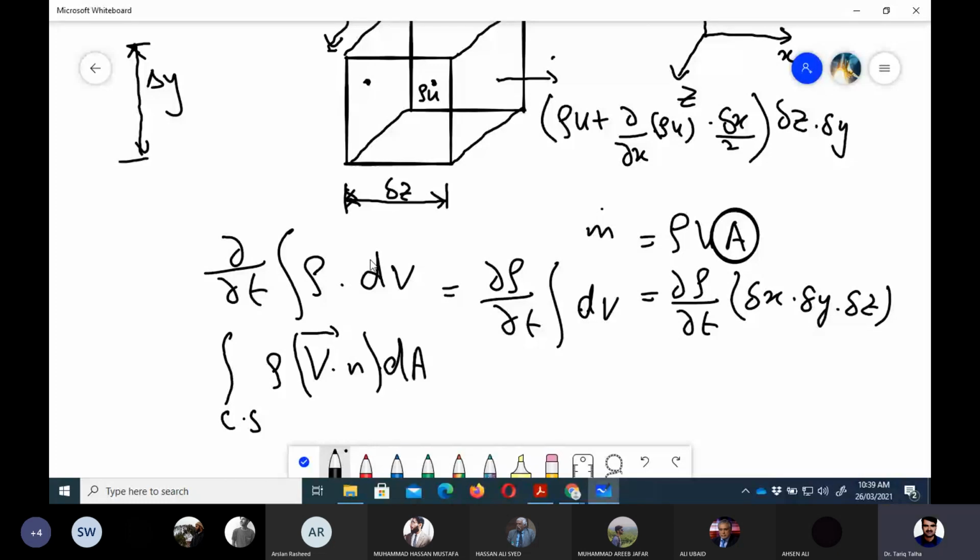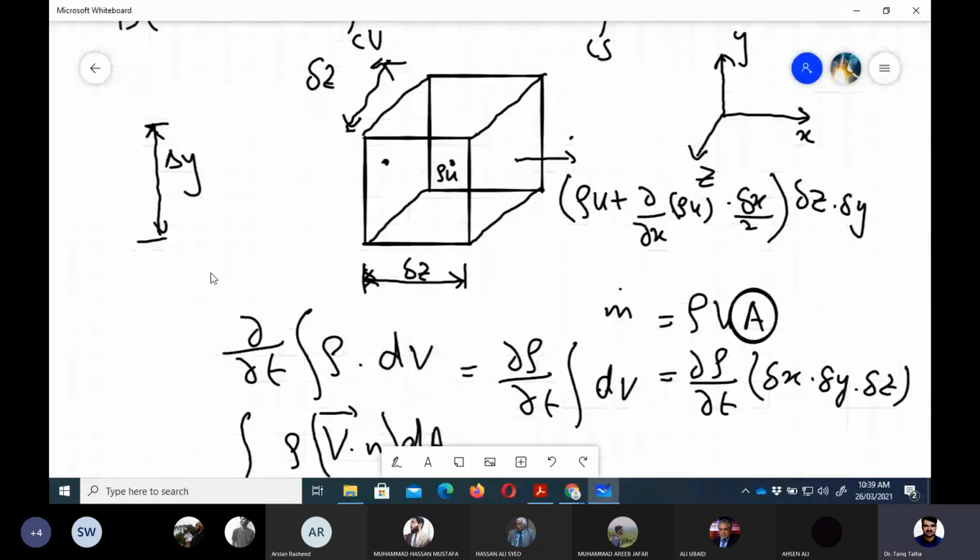Now if we talk about only the x direction, we have got two faces. First of all we need to determine what this whole quantity is at this face, and what the quantity is at this face.